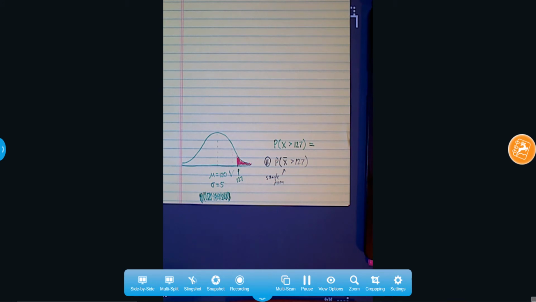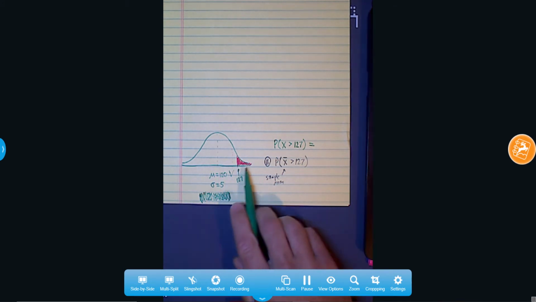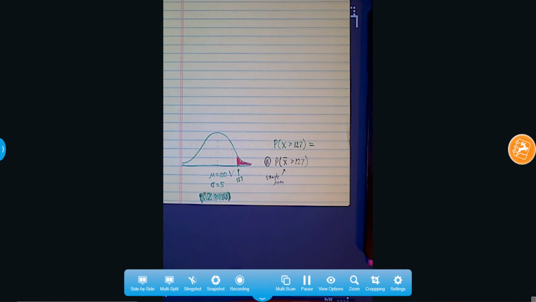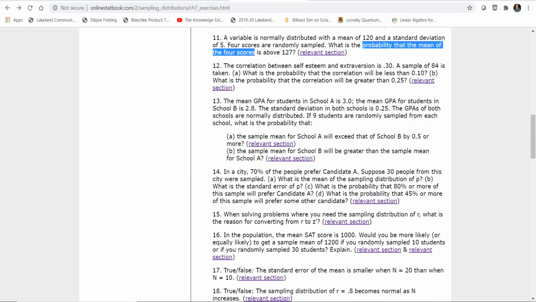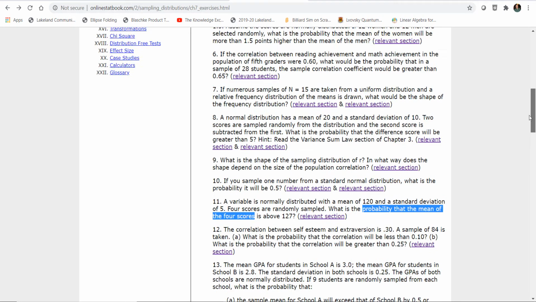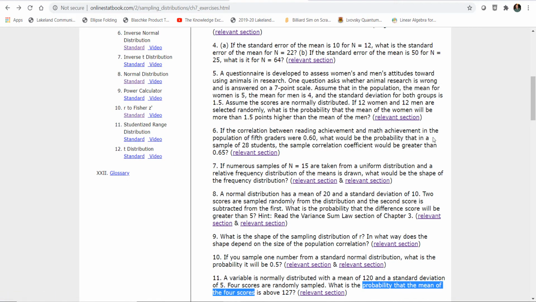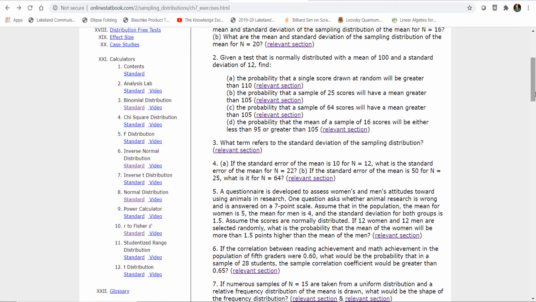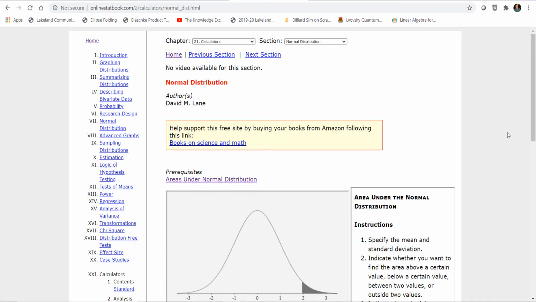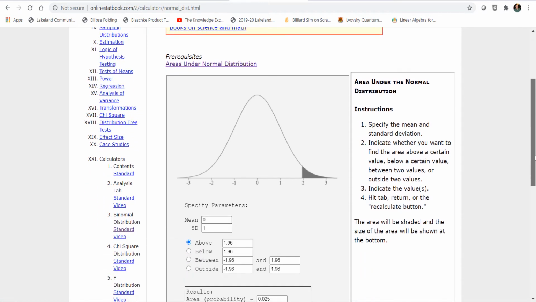And that probability, well, it's less than 50%, I can see that. But if I want to know exactly what it is, and you learned how to do this a couple chapters ago, we have these really nice calculators in this course. So under calculators, if I go to the normal distribution calculator, this is basically the picture that I just drew.